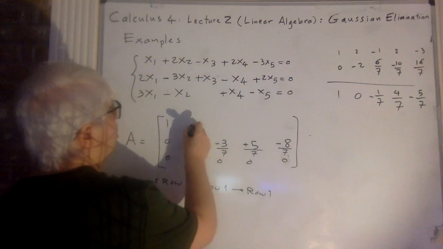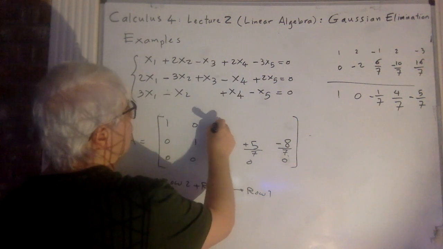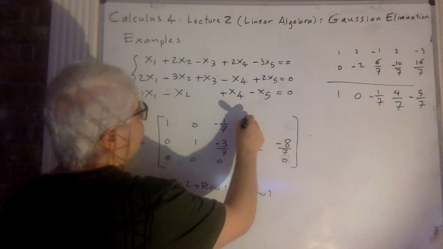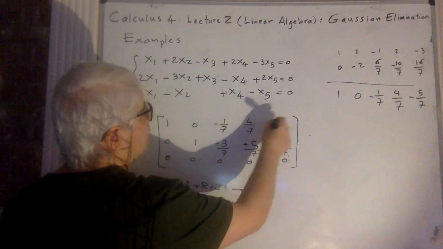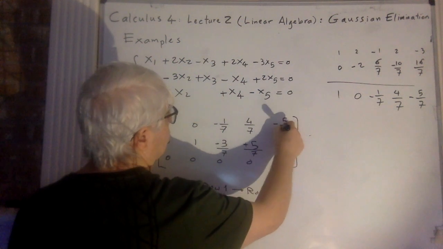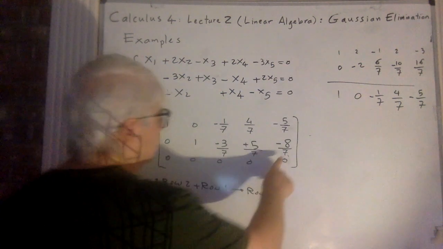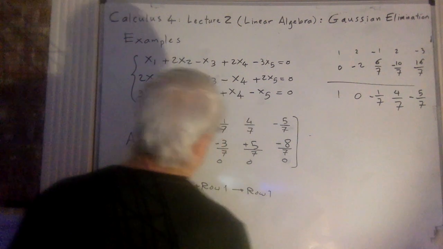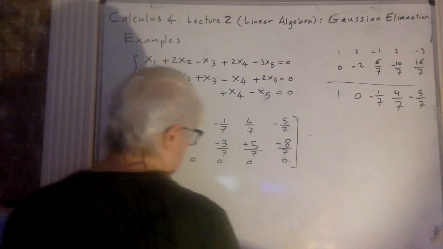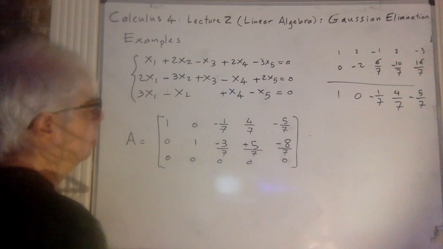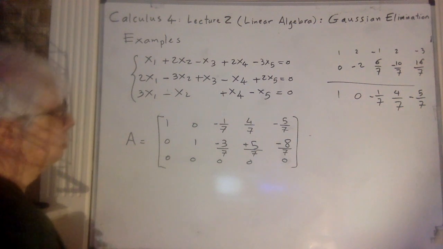And I have 1, 0, negative 1 seventh, 4 over 7, and minus 5 over 7. So, this is now in reduced row echelon form.